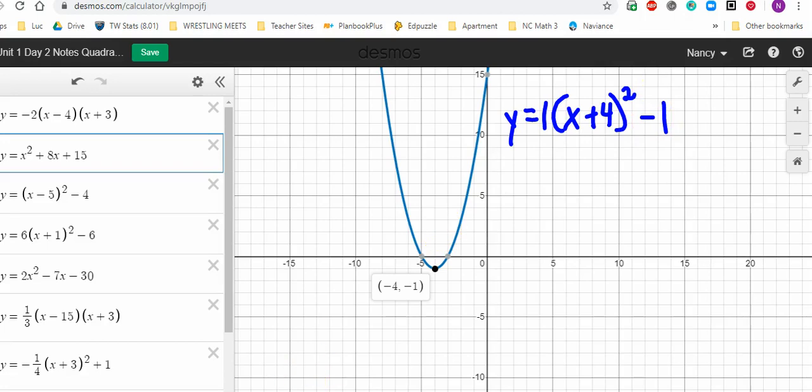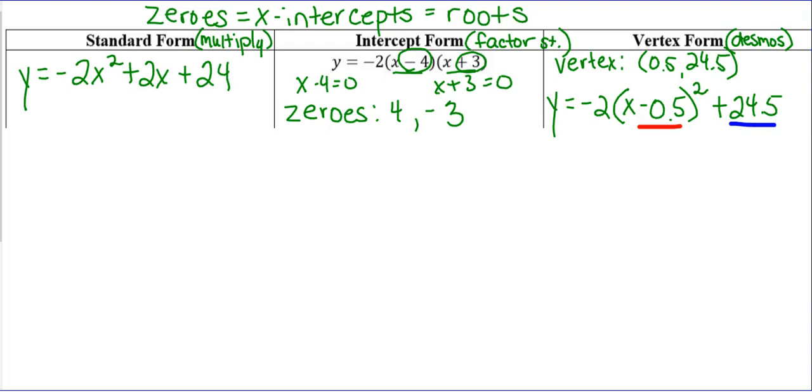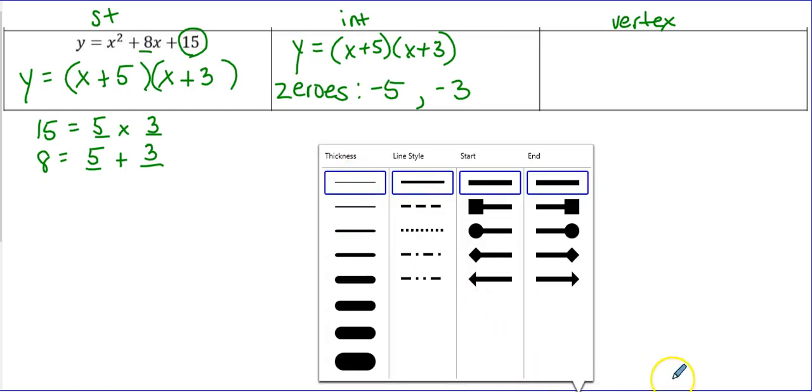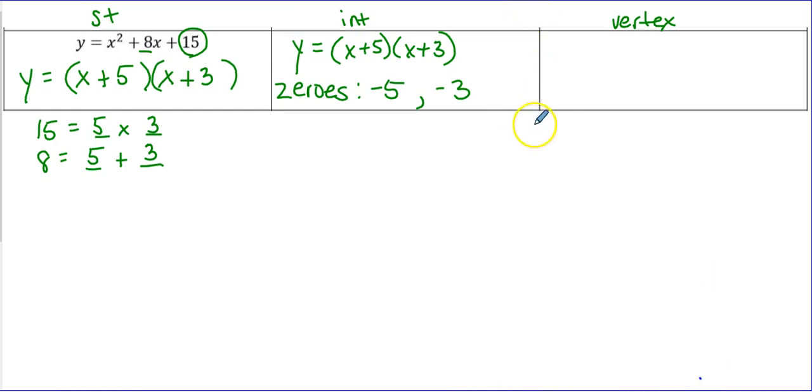So let's go back over to our chart. Let's see, here we go. So this one, vertex form, I graphed it, and I just want you to graph these. I don't want you to worry about how to convert them or anything. If you just graph them on Desmos, find the vertex, use the same a, which there isn't one here, it's just a 1.